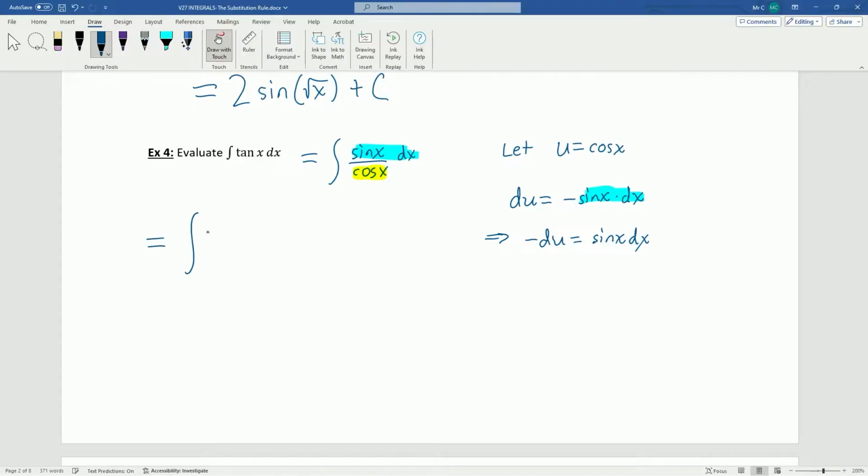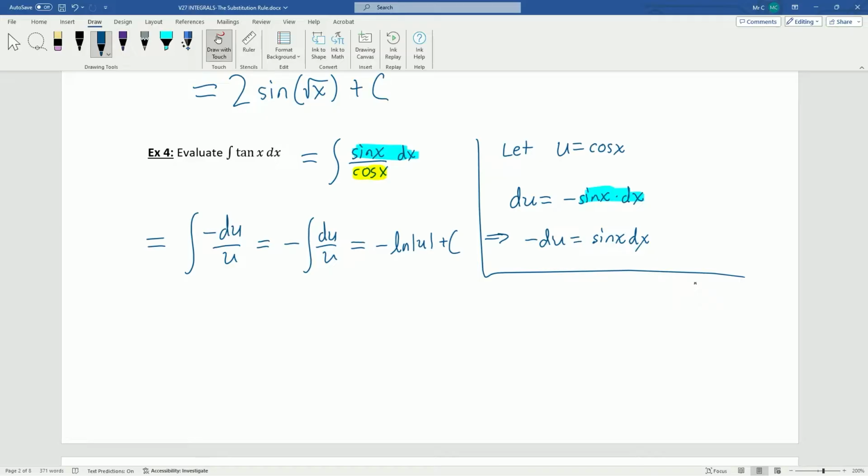So this becomes the integral of negative du over u, which is negative the integral of du over u. That's negative the natural log of the absolute value of u plus c. Now remember, of course, that you always need to substitute u back in.